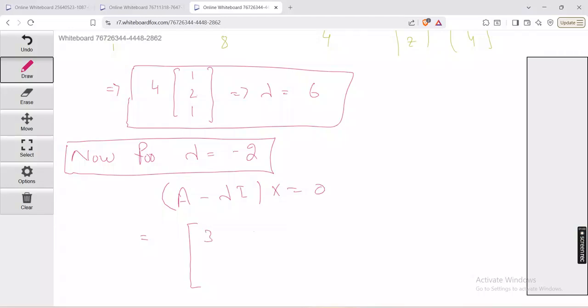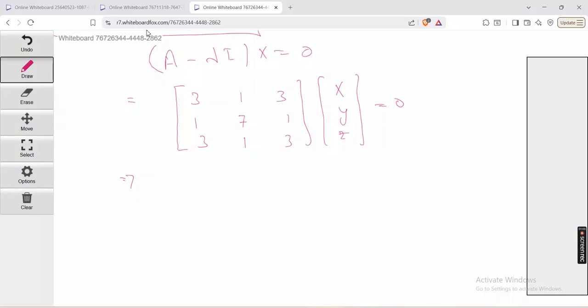So you will get this matrix 3, 1, 3, then 1, 7, 1, then 3, 1, 3, and this is x, y, z is equal to 0.